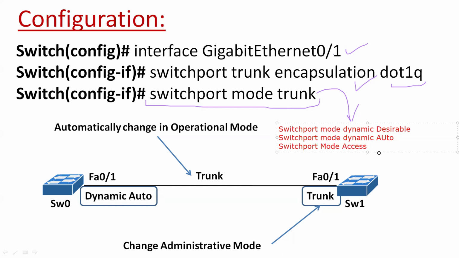So these are all. You can also change the mode by these commands. If you don't want to create the trunk, you want to create dynamic desirable, that will also behave the same as the trunk side, right? So this is how the configuration of DTP will be done.